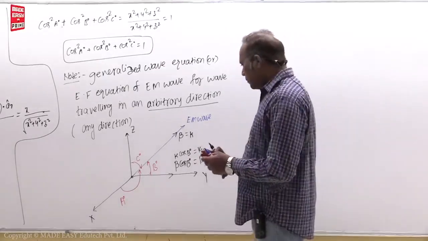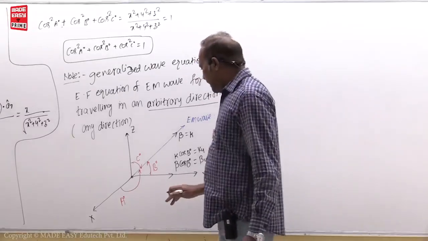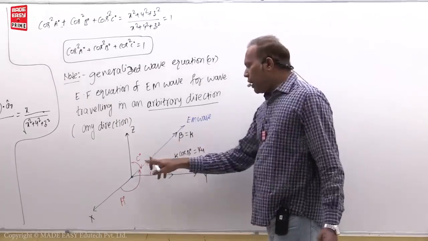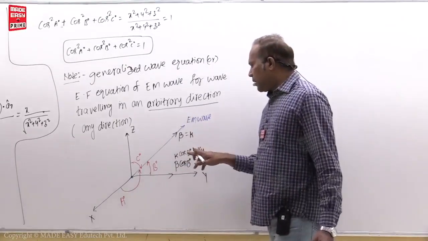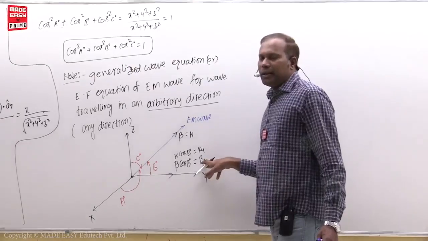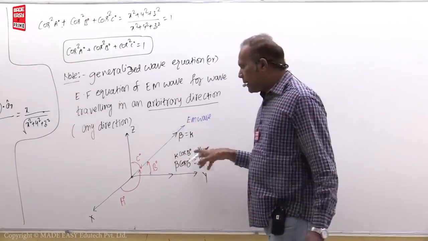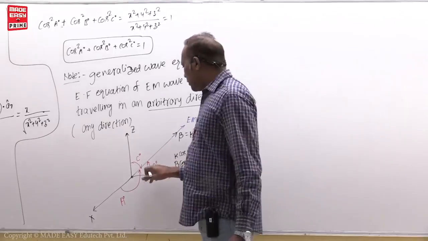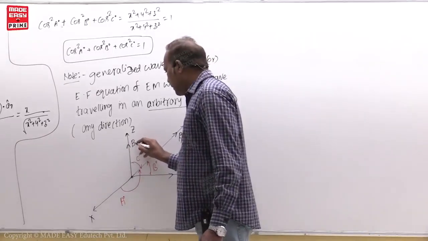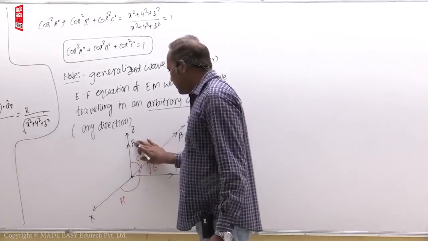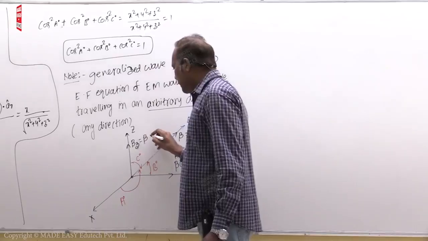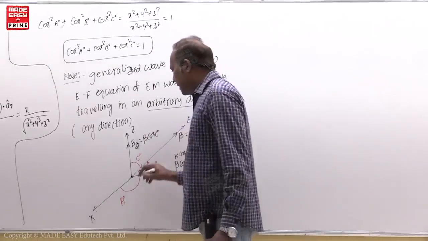So now similarly, this beta y means the phase shift constant in the wave propagation direction, now projected onto the y axis. Beta y means phase shift constant in the y direction. Similarly, if I project onto the z axis, this is beta z, and beta z is equal to beta into cos c degrees.